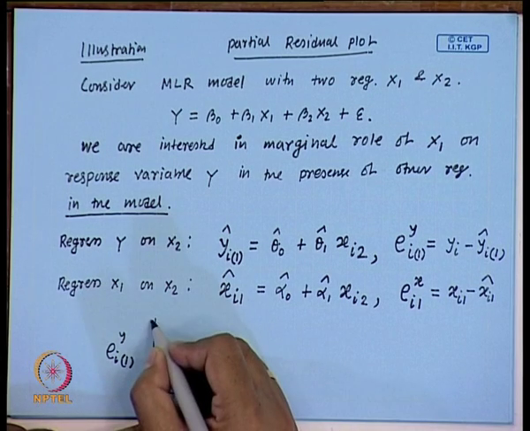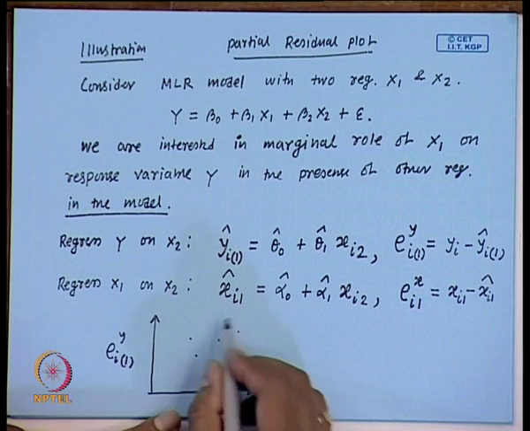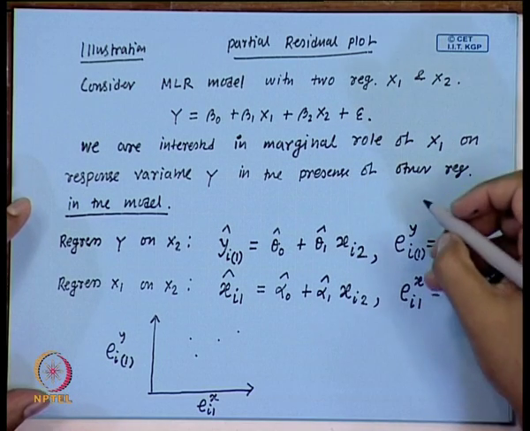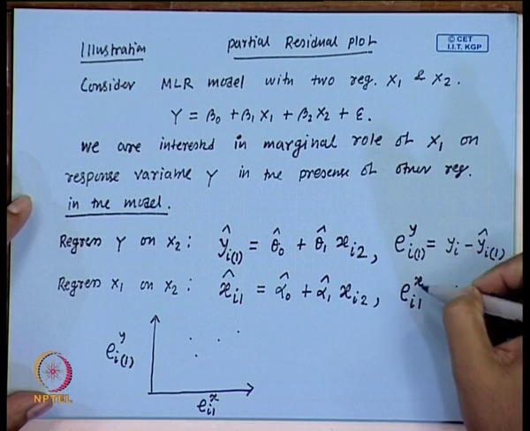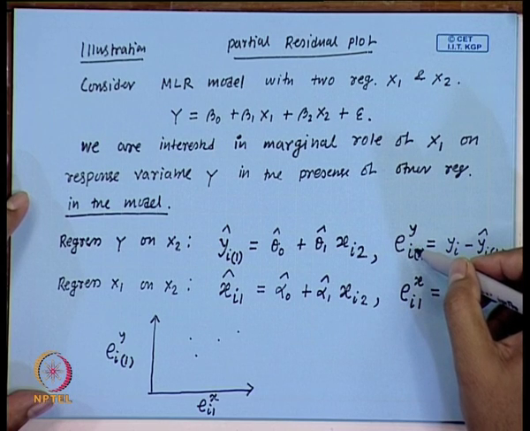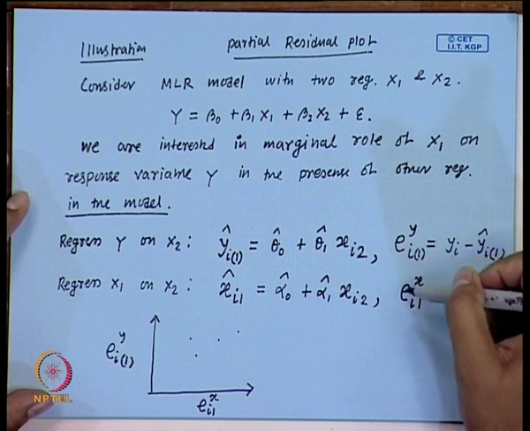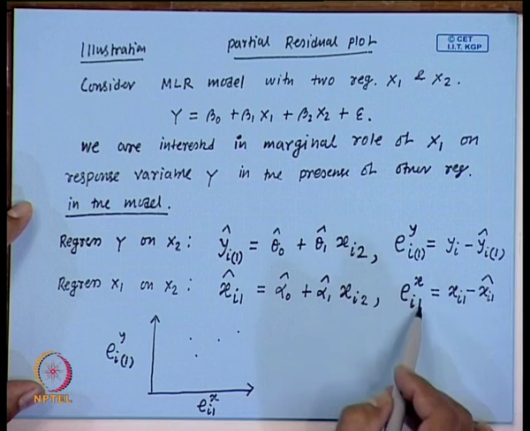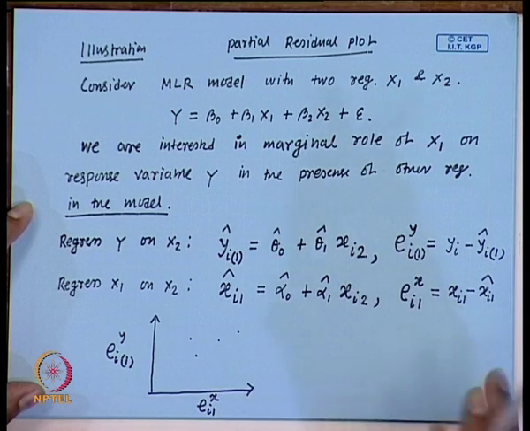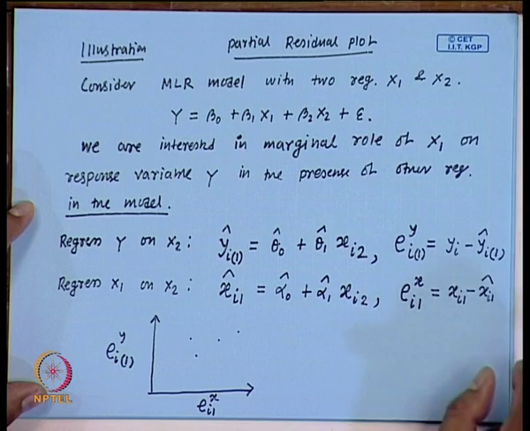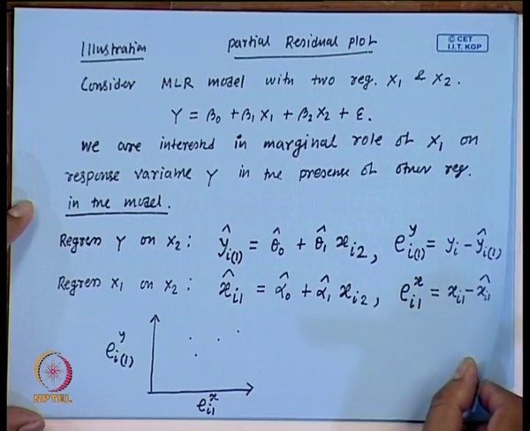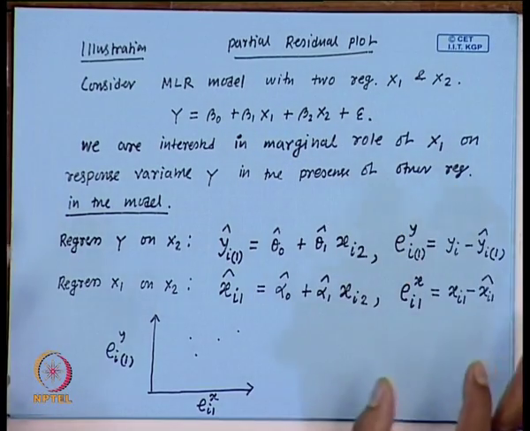So, this plot is called the partial residual plot. We will slowly establish the relation between these two, in case we are assuming that the relation is linear, then what pattern we can expect in the partial residual plot. Before that, I hope you understood the technique of the partial residual plot.